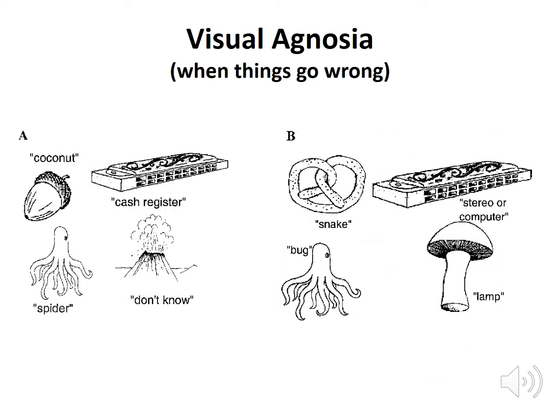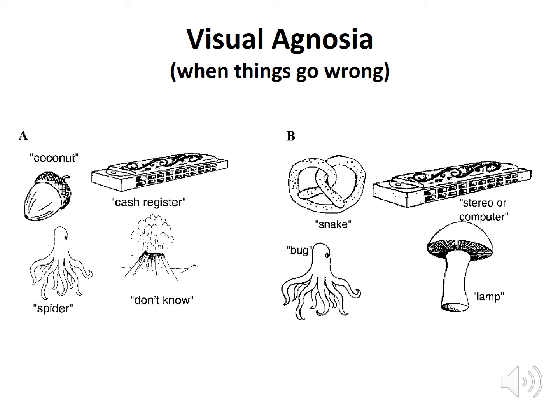So here you can see a different study where the subject was asked to name presented objects, and you can see that most drawings don't match up with the naming.